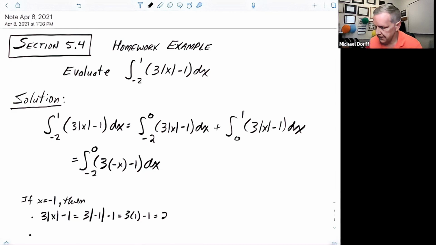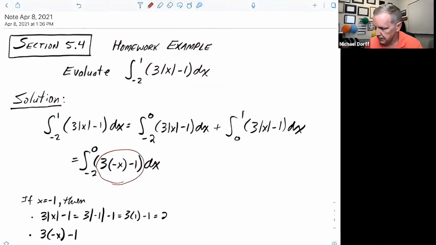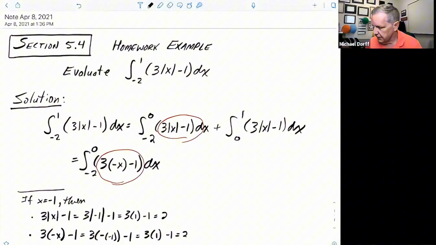On the other hand, if I did 3 times the negative of x minus 1, which is what we're saying we have for this part, then when I put in the -1 there, I get -(-1) minus 1, and I get 3 times 1 minus 1, which I also get 2. So these two parts are equal to each other.